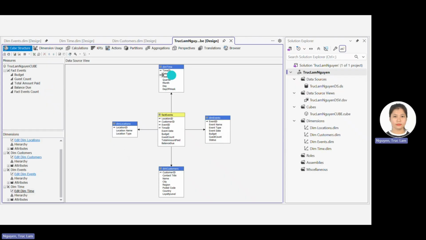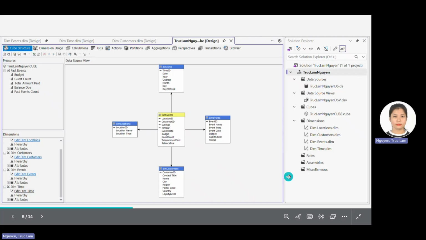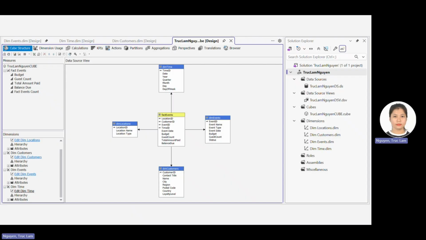And around the fact table are four dimensions: location, time, event, and customer. So based on this design, managers can analyze data from different perspectives without performing complex joins every time.